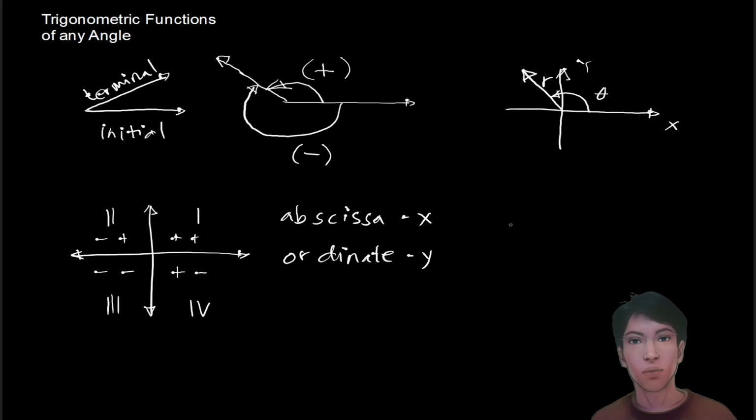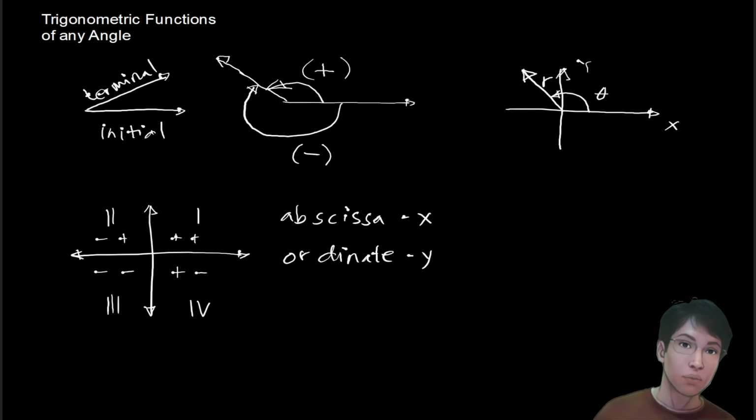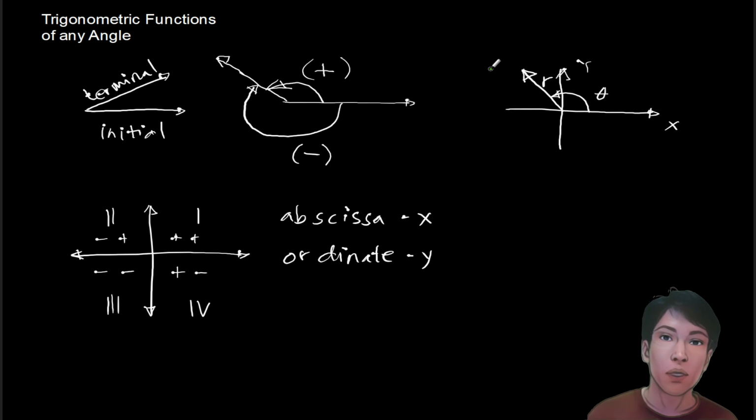Previously, we were just dealing with acute angles. So what if the angle is more than 90 degrees? In this case, it's more than 90 degrees. We will consider that we have the y coordinate and then the x coordinate over here.